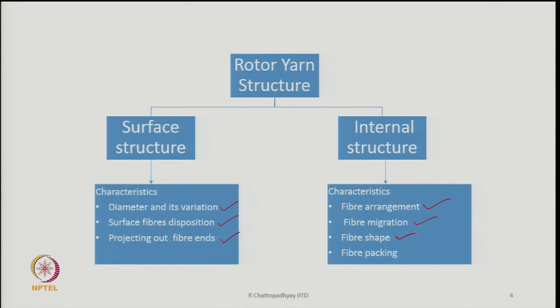The shape of the fibers, the fibers which are lying on the surface, their shape will be visible, but what is lying within the yarn, their shape is not visible to us. They remain within the yarn. We need a special technique to look at those fibers which are within the yarn structure and not visible when we take a photograph of it.